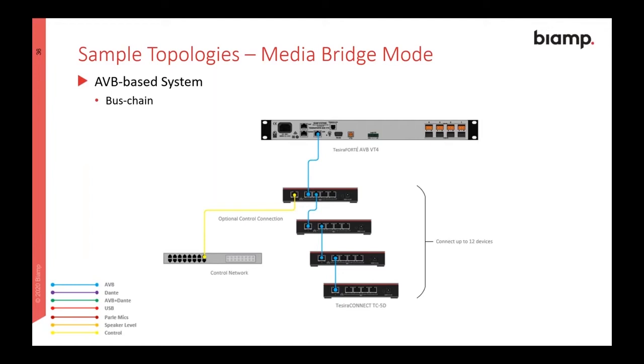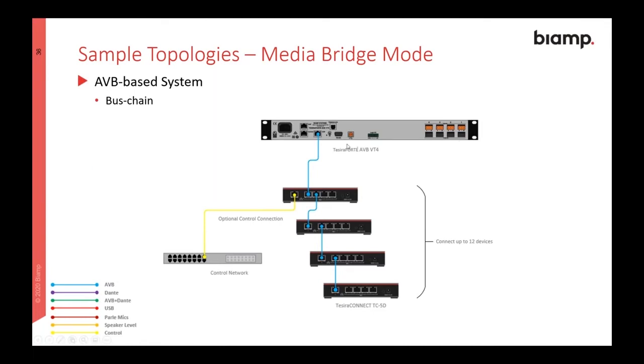And when you're uploading the file from your software, it's loaded onto the DSP as well as the TC5D. In previous configurations, it was passive. It didn't need the configuration. It was pretty much just in plain switch mode. But in media bridge mode, it contains that Tesira configuration that you build, and hence the control connection has to be part of the TesiraCONNECT network.